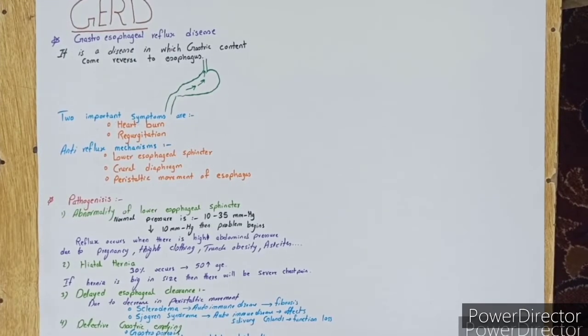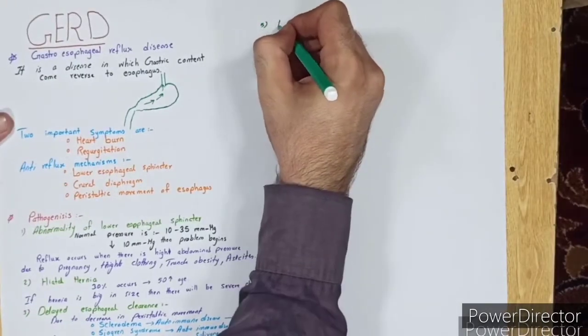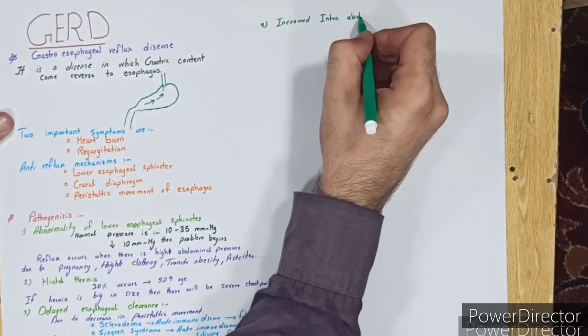So we will come to talk about the fifth pathogenesis, which is increased intra-abdominal pressure.